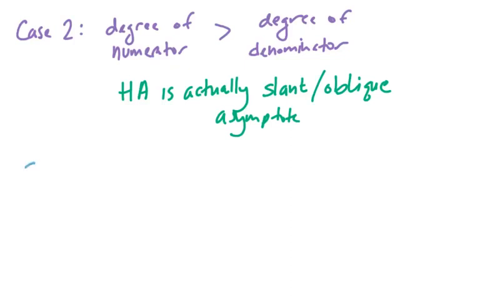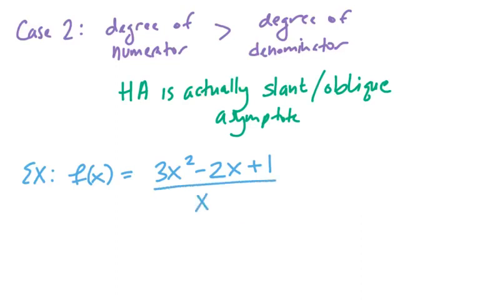So let's give ourselves this example. Let's say our function is 3x squared minus 2x plus 1 divided by x minus 1. As you can tell here, the degree in the numerator is 2. The degree in the denominator is 1.